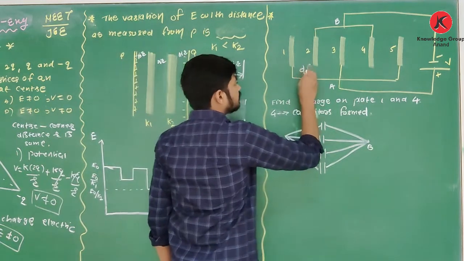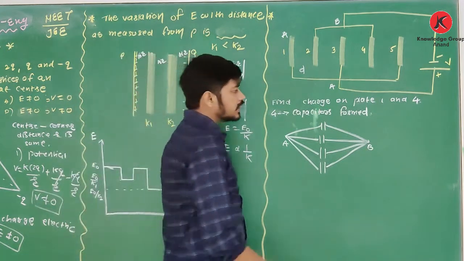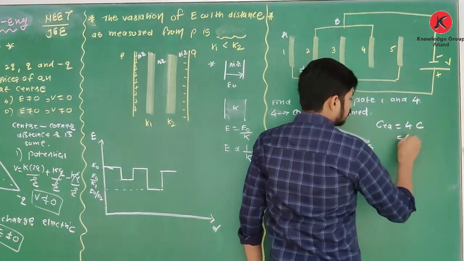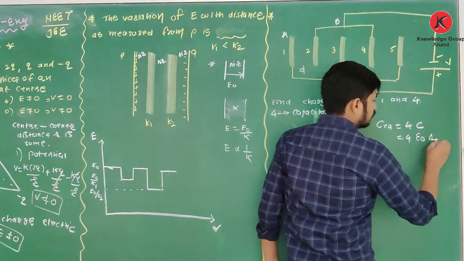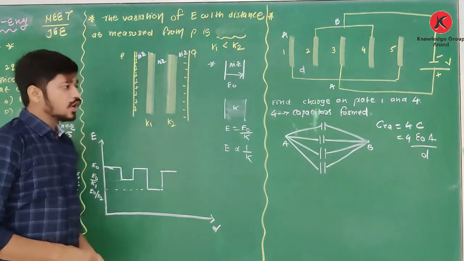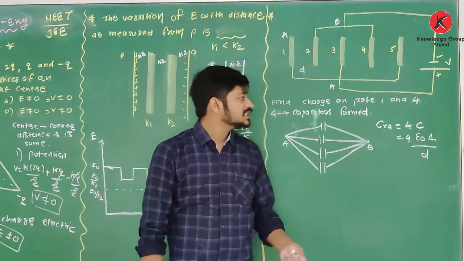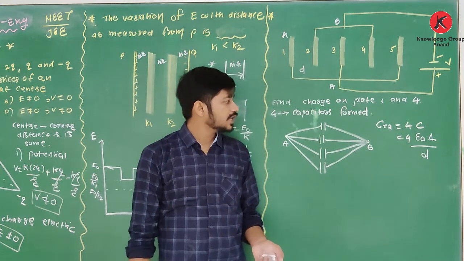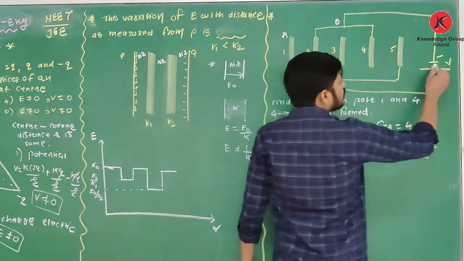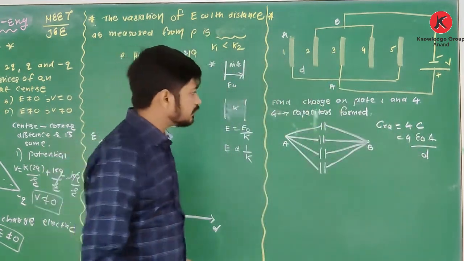If the separation between each 2 plates is D and the cross-sectional area is A, what is the equivalent capacitance? Yes, C equivalent is 4C, which is 4 epsilon 0 A upon D. Clear about this? So it is the equivalent capacitance. Now the voltage V is given.